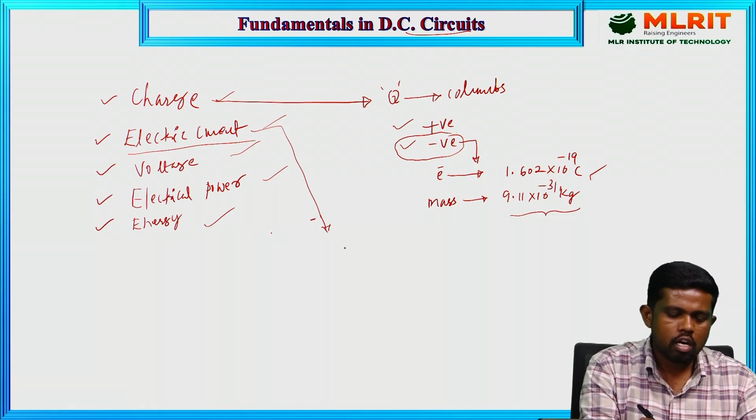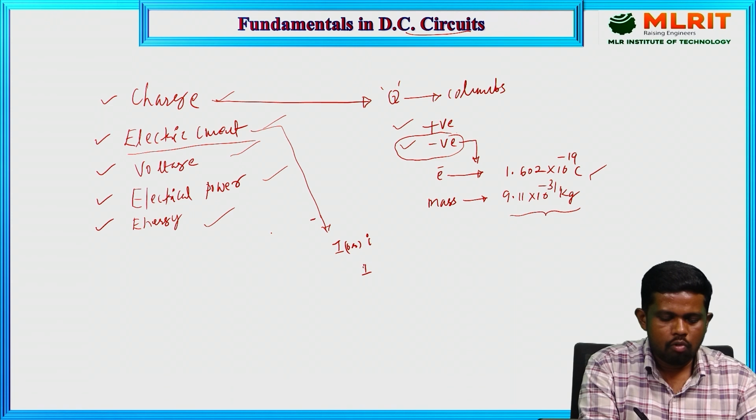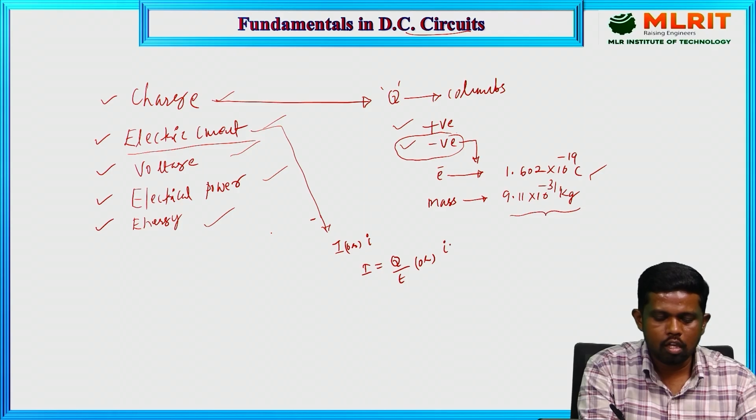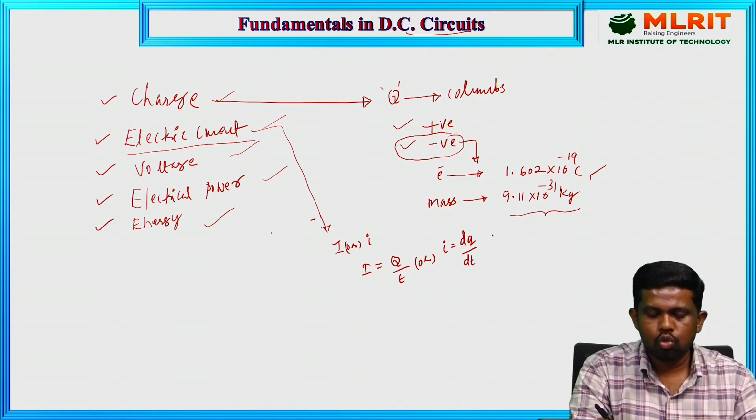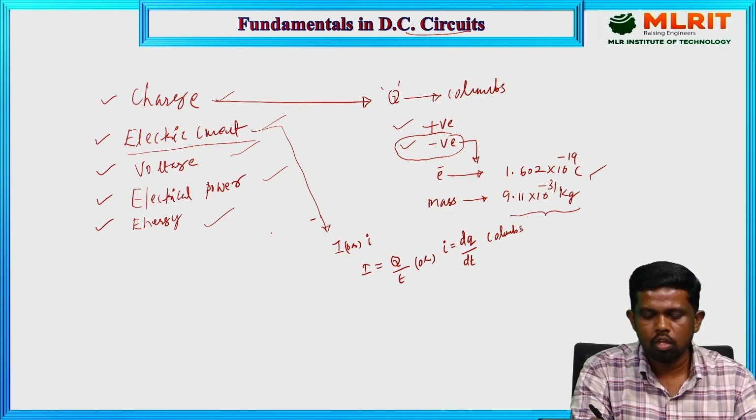The electric current can be denoted by either the capital I or the small i. The capital I we can write as Q by T, and the small i we can write as dq upon dt. Based on the definition, it is the rate of flow of charge. The charge unit is coulombs and the time unit is seconds.